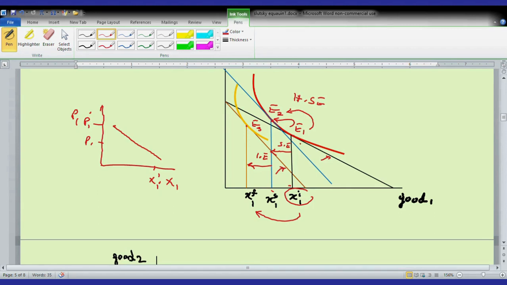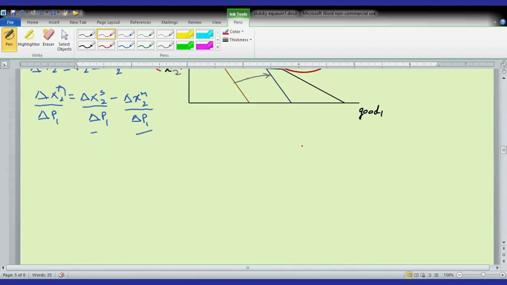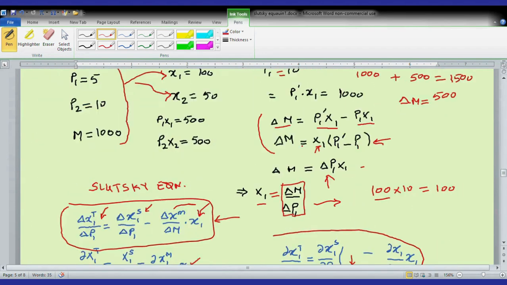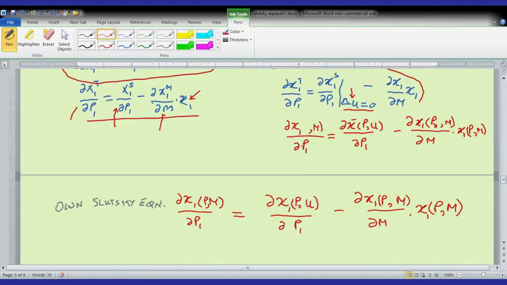So this equation is telling us that for a price change, the left hand side of the Slutsky equation is the slope of the Marshallian demand curve, this is the slope of the Hicksian demand curve, and this is the income effect. So from the slope of the Hicksian demand curve, when we subtract the income effect, we get the slope of the Marshallian demand curve.